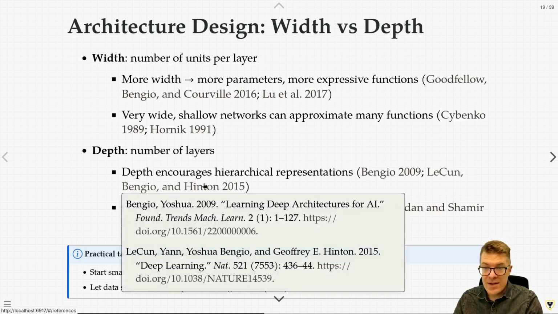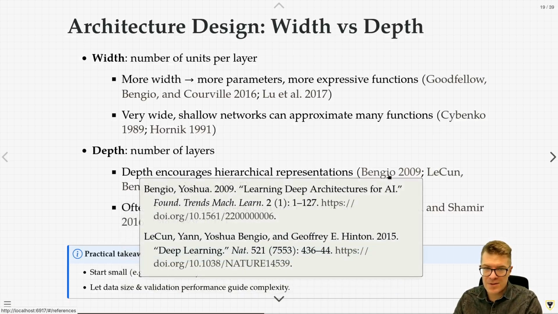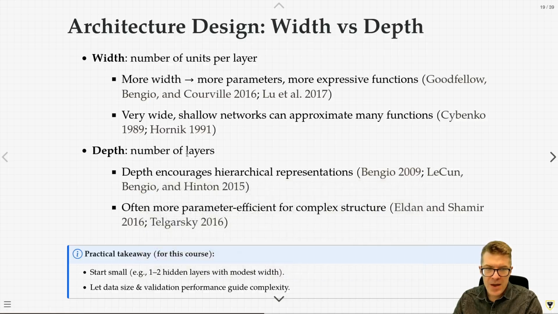And indeed, there's some papers here from, again, somewhat classical times, where depth encourages hierarchical representations. So in that example I made with a face recognizer that represents different layers of the vision stack, depth will encourage representations at different hierarchical layers.